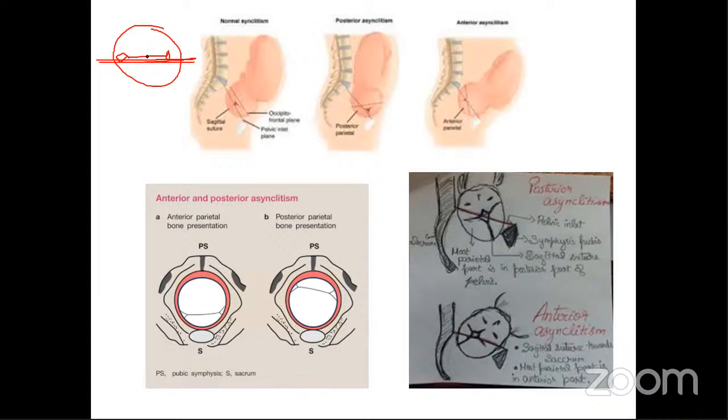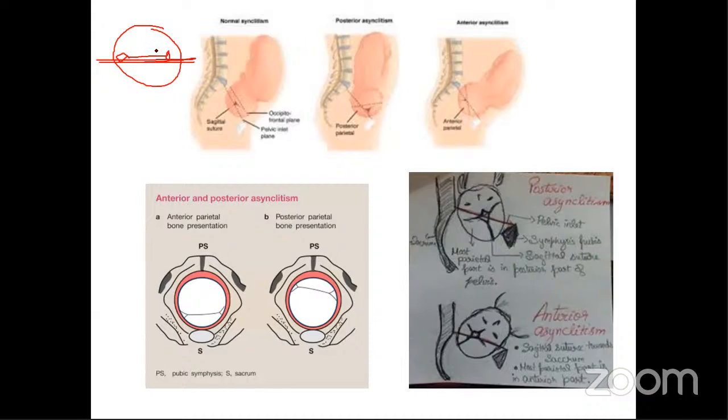When the engagement occurs in this plane, where the sagittal suture is corresponding to the transverse plane of the maternal pelvis, this is called a synclitic engagement of the fetus. That means the engagement occurs in synclitism.